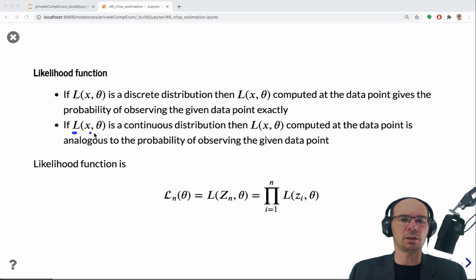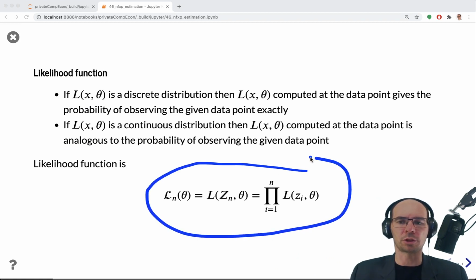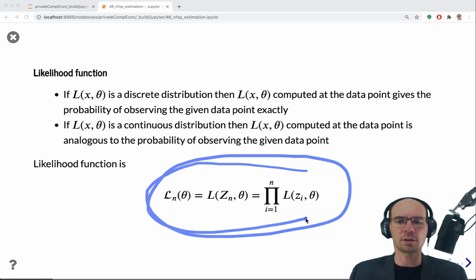Now, if L of x and theta is a continuous distribution, then calculating the PDF at the observations is somewhat different, but it is analogous to the probability of observing a given point in the data. In any case, irrespective of the nature of the distribution, we form the likelihood function just like this.